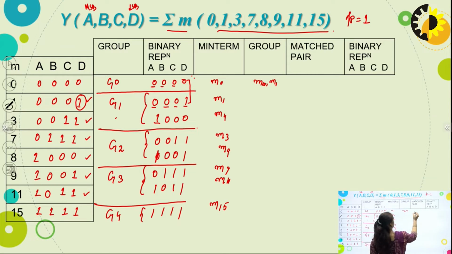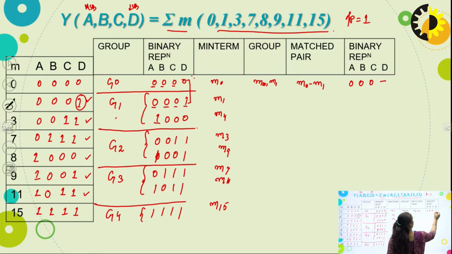So here your matched pair will be M0 compared with M1, and I'll have the value 0, 0, 0 and dash. The last variable D I have removed, right?